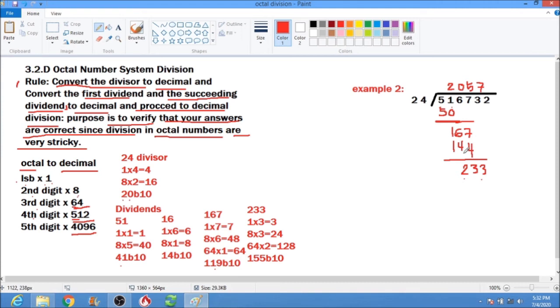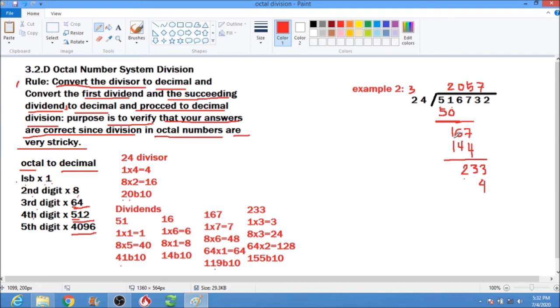Okay, so 28 minus 24 is 4. Carry 3. Okay, so recall your addition and multiplication.